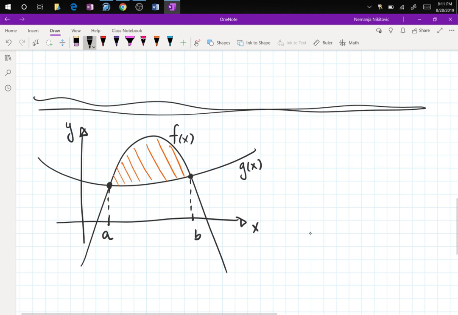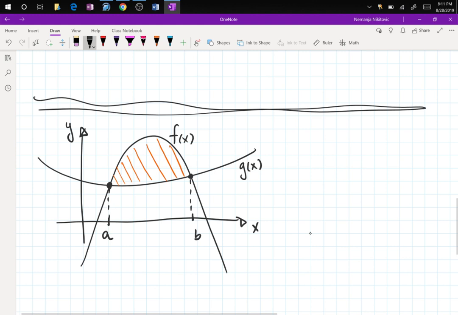And you will find those A and B when you set f of x equal to g of x, because setting f of x and g of x, you see that they share the y and x value, right? The point at which these two functions intersect is the point that it's shared.